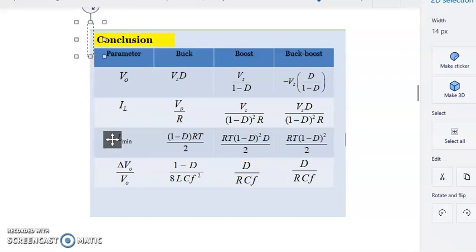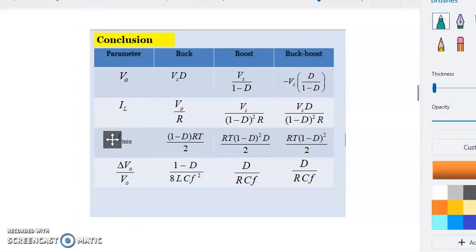Before we proceed, we go back to the summary of formulas that we have on buck, boost and buck-boost converters. This is the basic parameter that we should know upfront in terms of our circuit parameters before we proceed with other calculations. The output voltage varies depending on the duty cycle, and this is for boost, for buck-boost, and this is your average current.